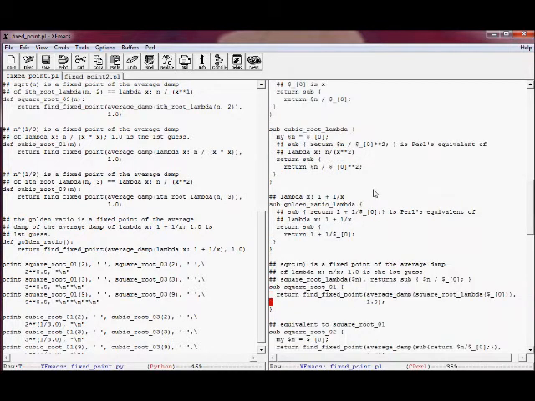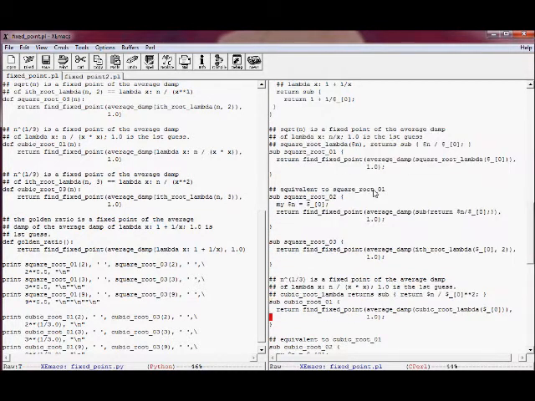Let's cut it out and paste it into the comments.